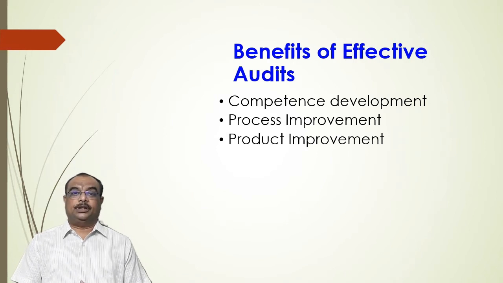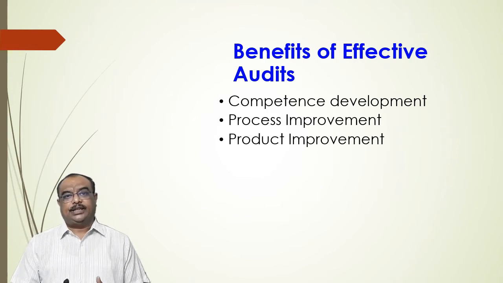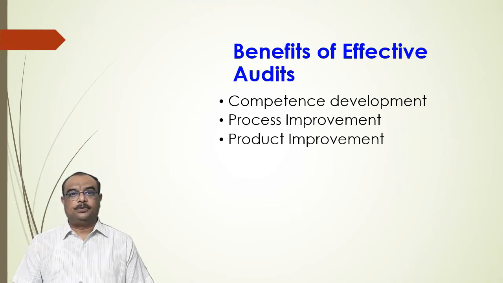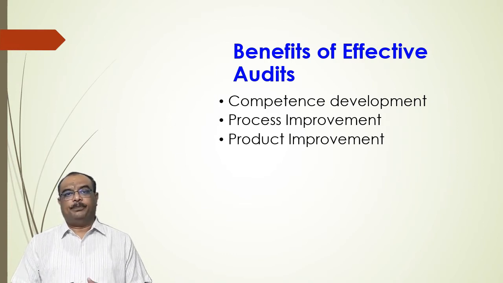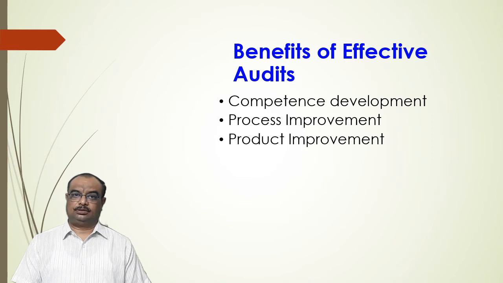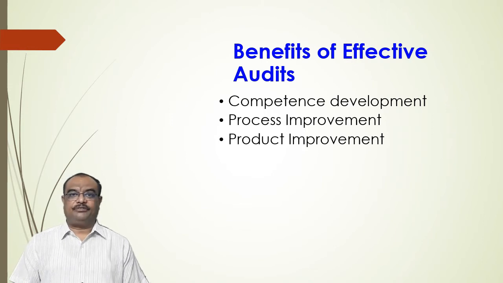Next is product improvement. There are a lot of areas where we can identify some scope of improvements to ensure that the product will meet the customer expectation, to reduce the customer complaints, to reduce the negative customer feedbacks.